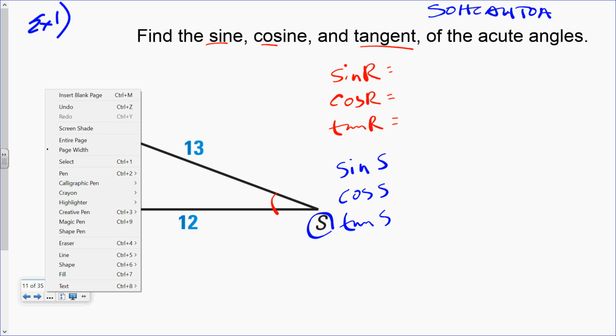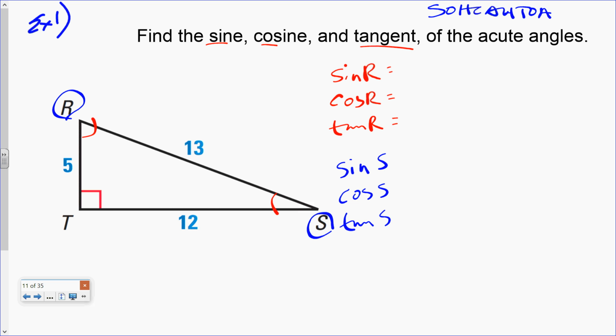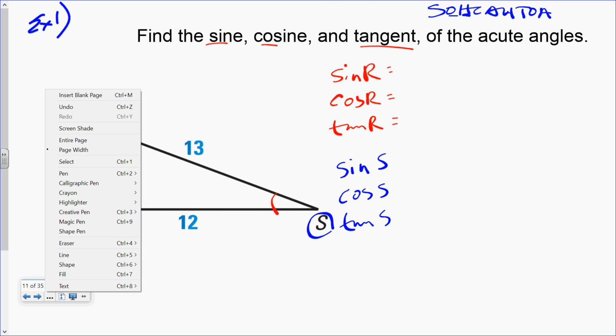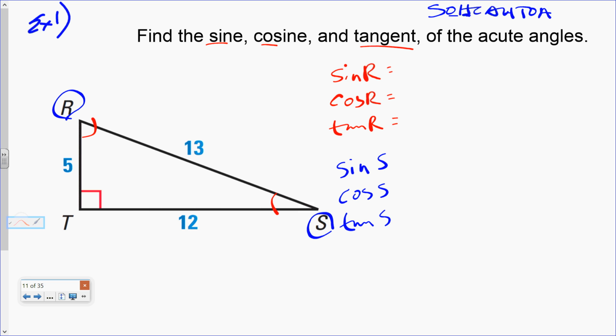The sine of R is opposite over hypotenuse. So opposite of R is 12.